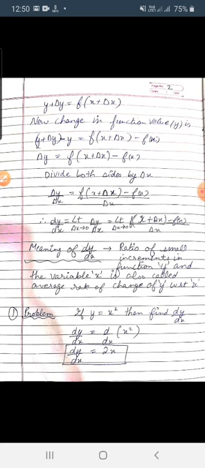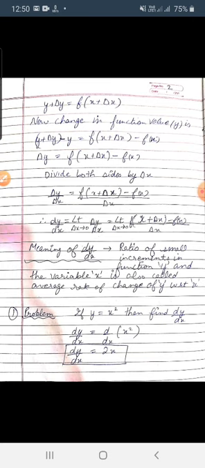Now we will solve a problem: y is equal to x square, then find dy by dx. So firstly put the value of y in dy by dx, it is x square. Now dy by dx is equal to 2x. Why is it so?